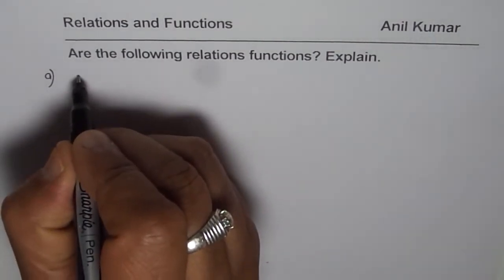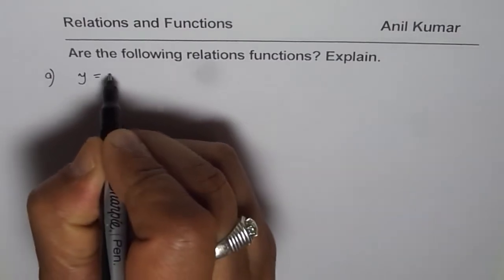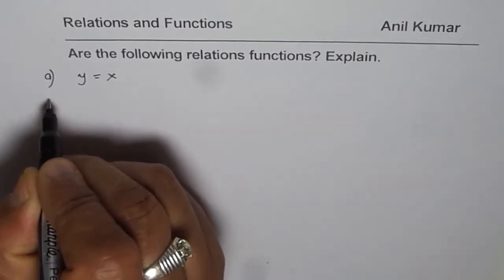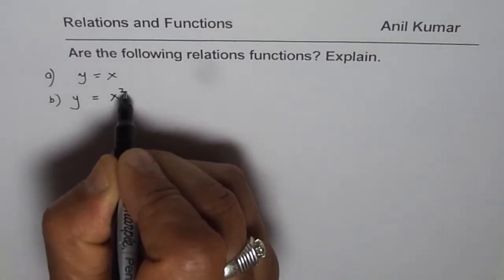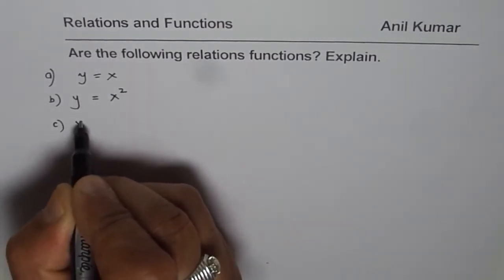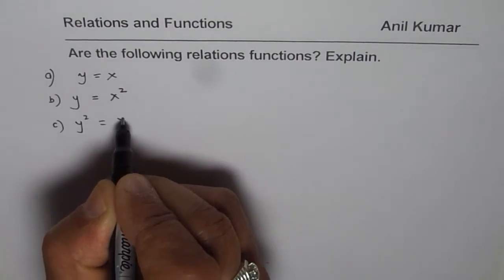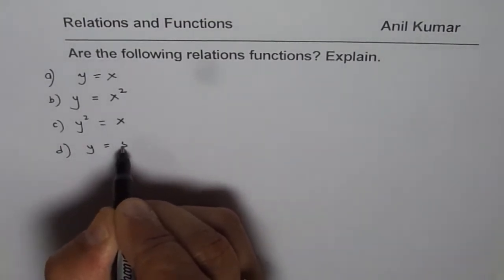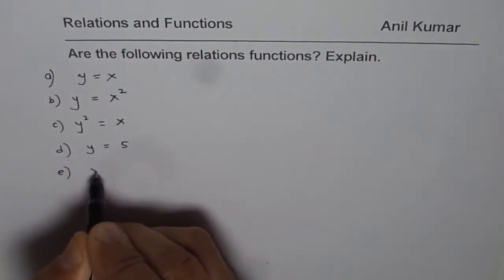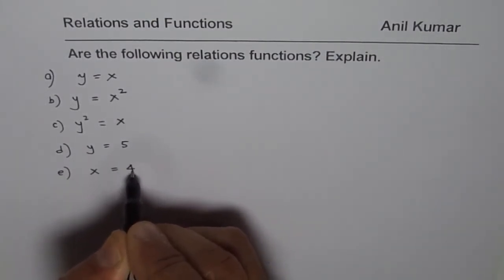So let me give you a few equations. y equals x, then y equals x square, y square equals x, d, y equals 5, and e, x equals 4, right?